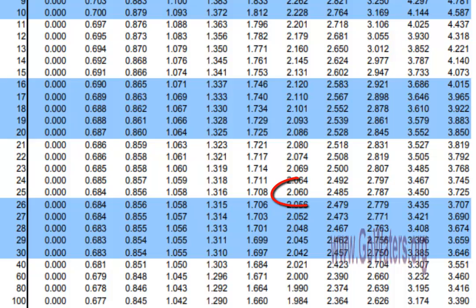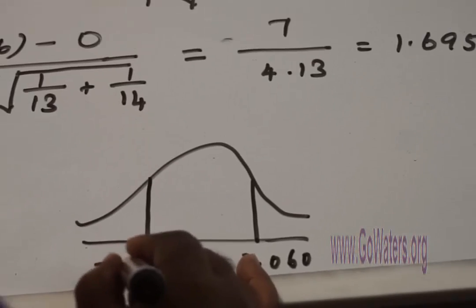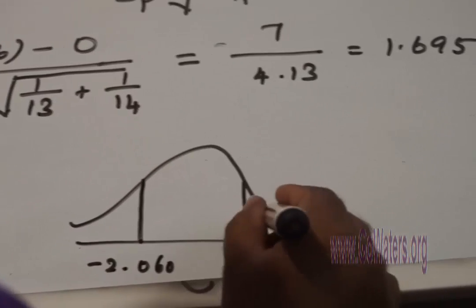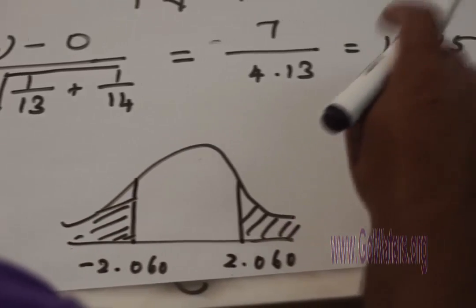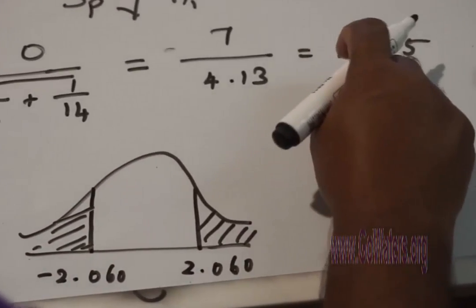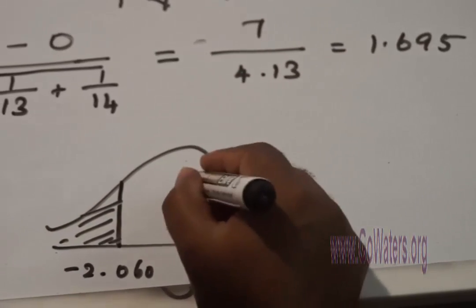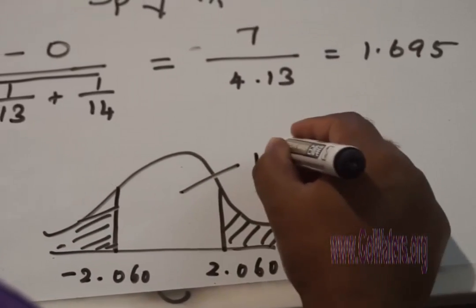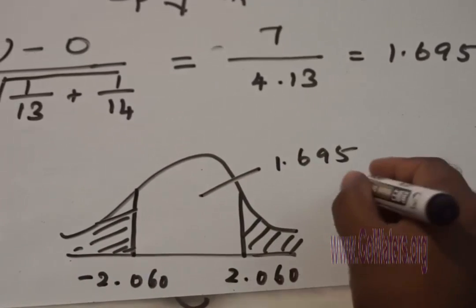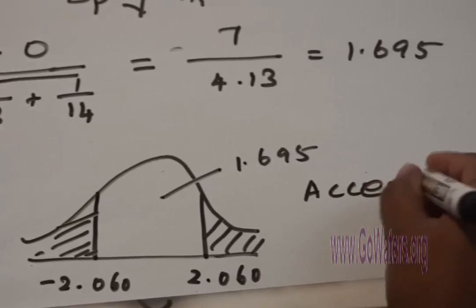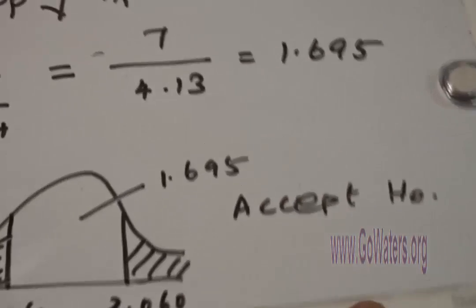That is 2.060, and here negative 2.060. Now 1.695 is here, right in the middle. So what you do here is accept H0, accept the hypothesis.